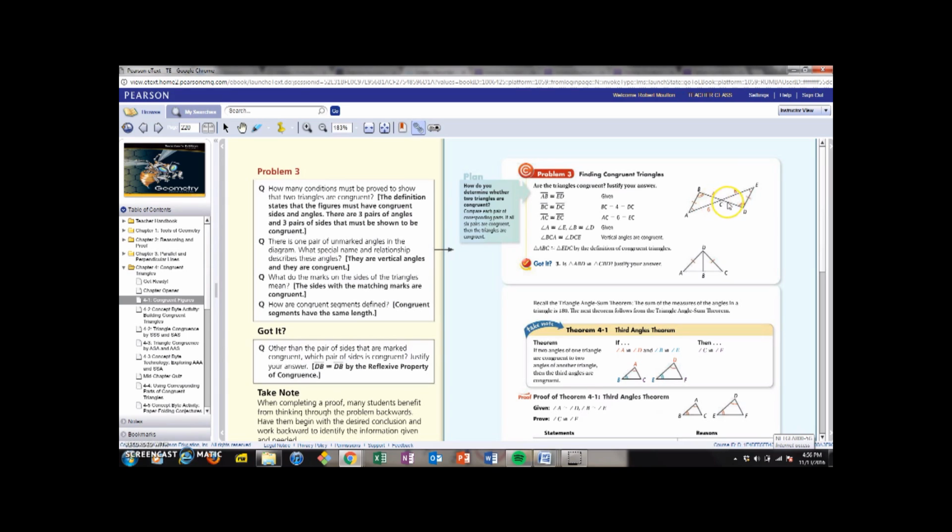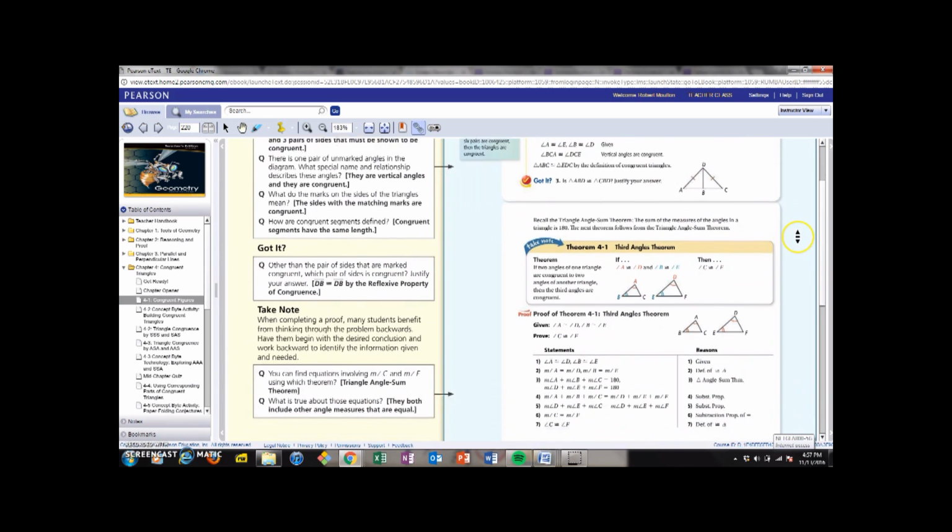Well, these are a certain type of angle, the ones right across from each other, and those are vertical angles. So now all the sides and all the angles are matching up. They are all congruent. So what can we say about the two triangles? Well, by definition, the two triangles are congruent triangles, since all the corresponding parts are congruent.